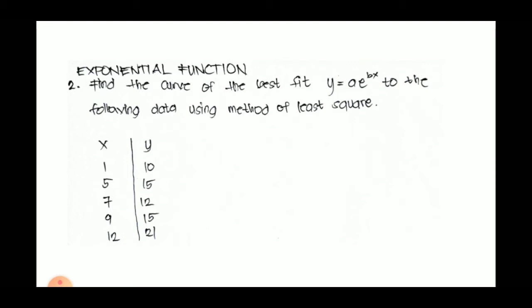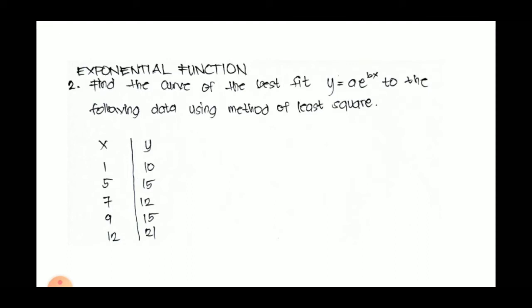As you can see, the values of the dependent variable are not in linear form. Some of it becomes bigger, then smaller, then bigger again, like 10, 15, 12, 15, 21. So the behavior of this data on a graph is not showing a linear relationship.